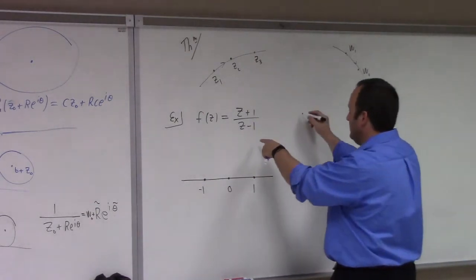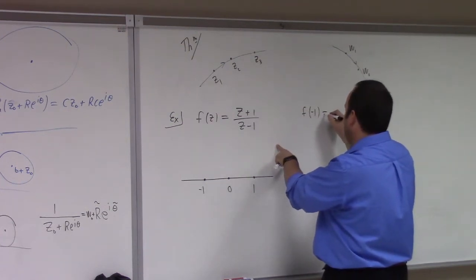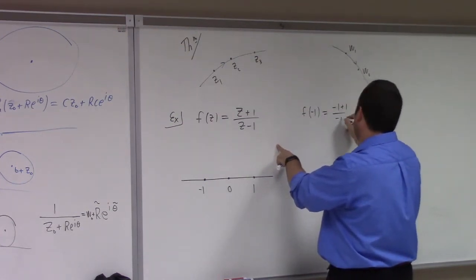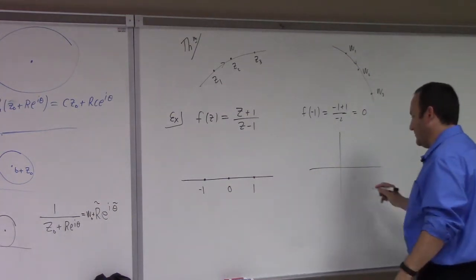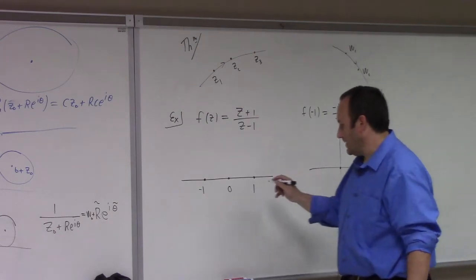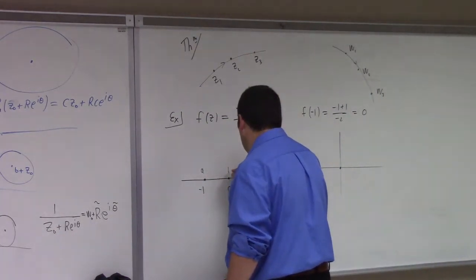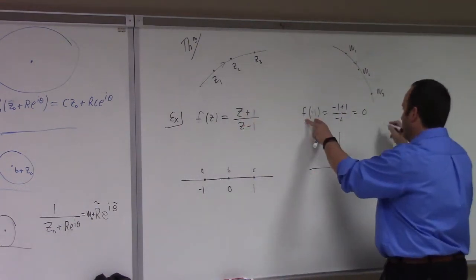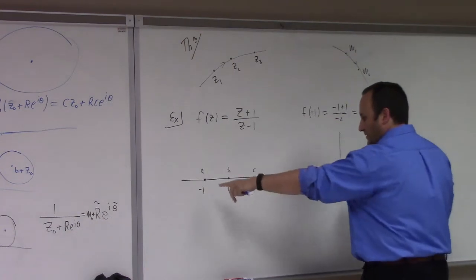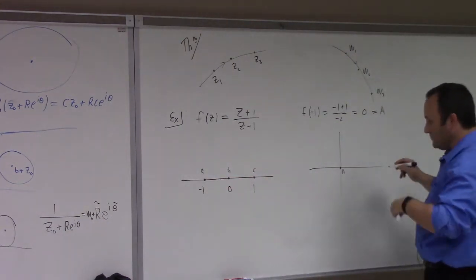What's f of minus 1? Minus 1 plus 1 over minus 2, also known as 0. So over here in the W plane, that maps to 0. Let me call this A, B, and C. So little a maps to big A. What happens with 0?